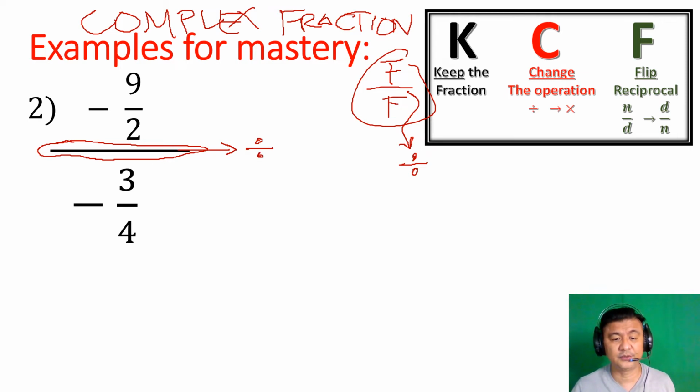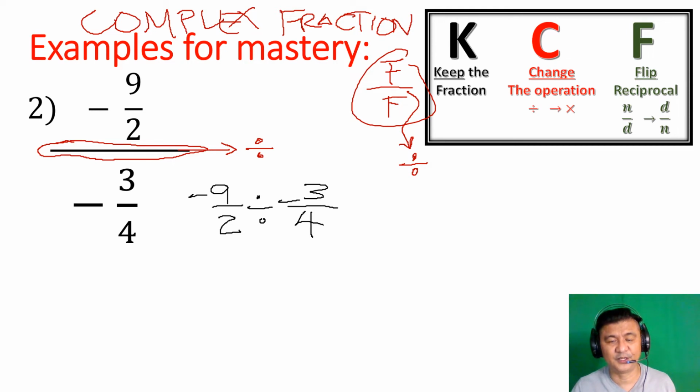So let's rewrite the expression as negative 9 over 2 divided by negative 3 over 4. Okay, any questions so far? We just converted it as a regular division expression. Next, again, write down my keep, change, flip.